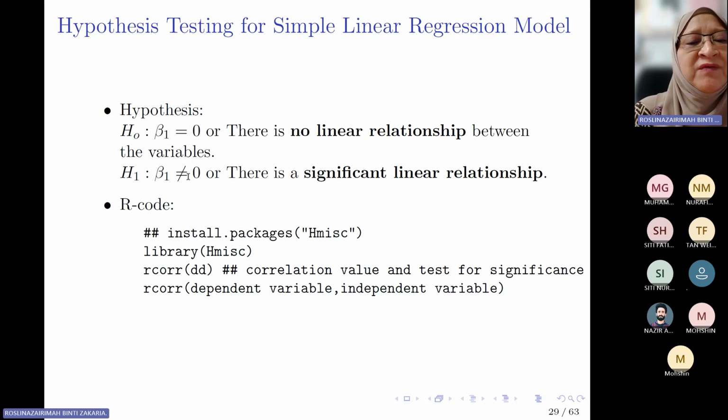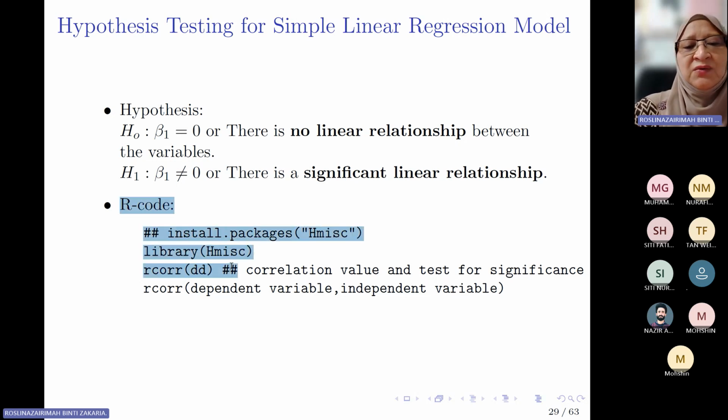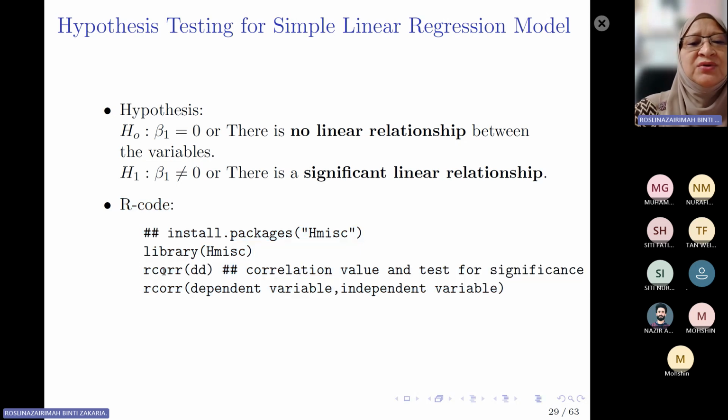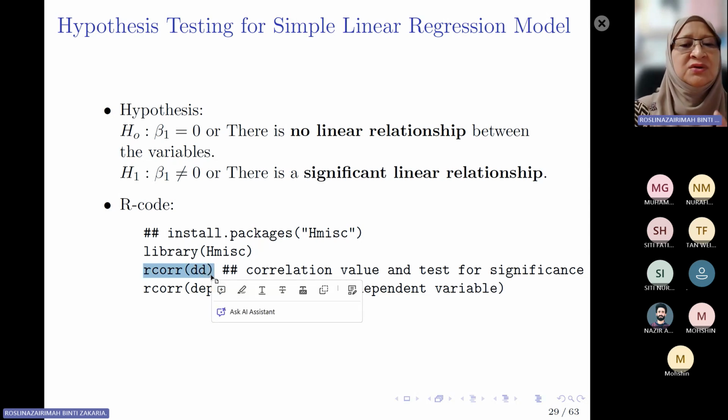That is when you have a p-value less than alpha, the significance level. The R cor code that we used just now gives you this part: the correlation value and also the hypothesis test with the p-value. Remember we discussed just now.